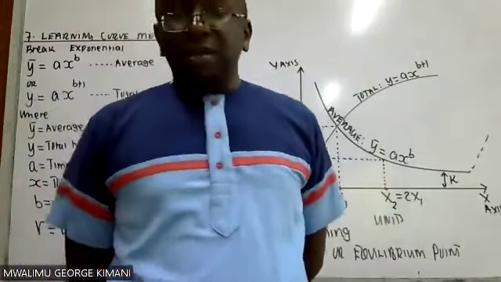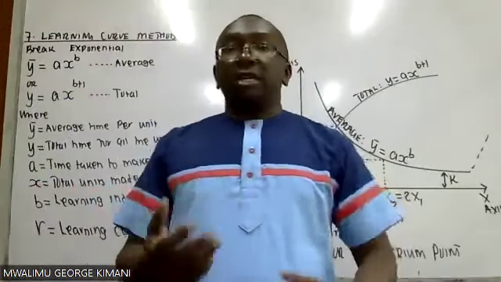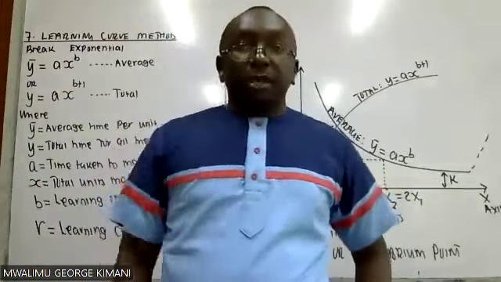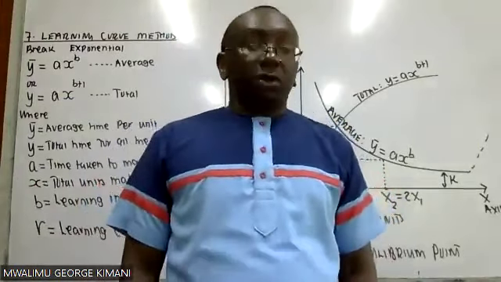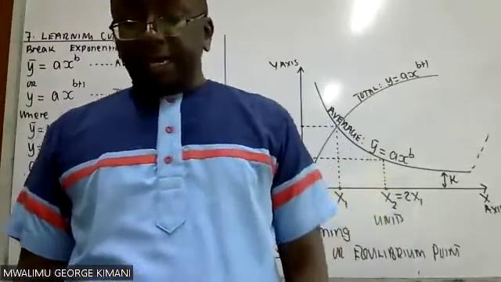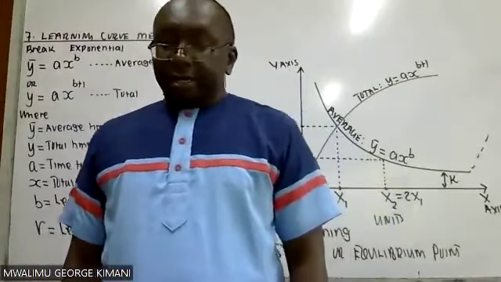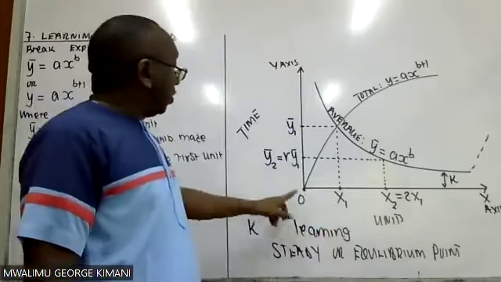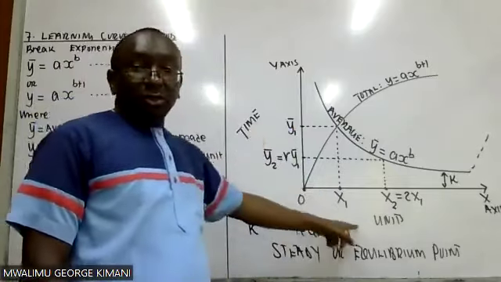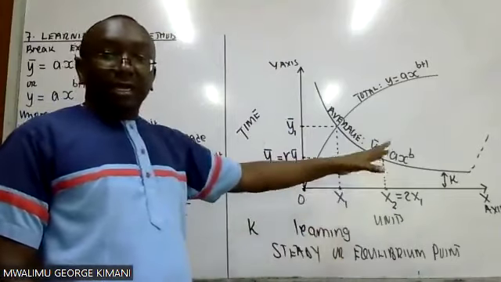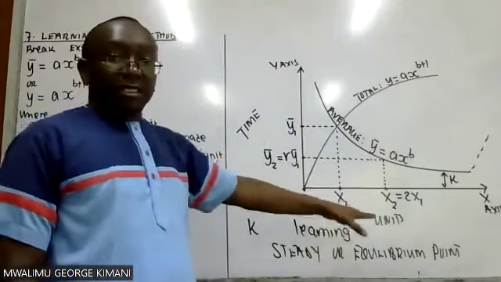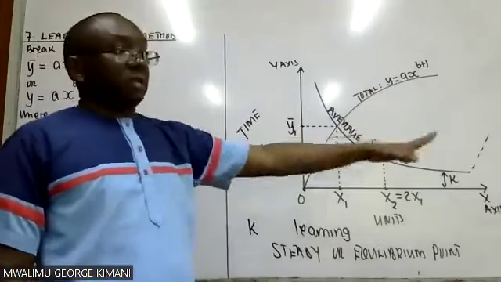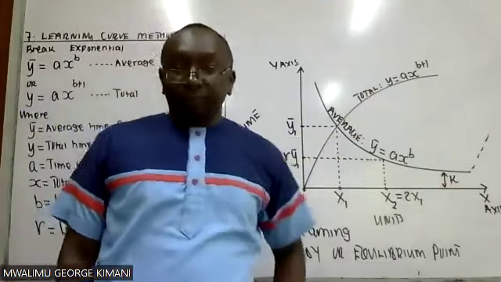Then the job is predominantly manual. What we are doing is manual. It's not more of mental, although even in mental, we also run. The other thing is the job is directly related with time. Remember here, we are talking of time and the units. So we should be able to see a very clear relationship. As we change the number of units, we are changing also the time, or as time changes, the units are also changing.